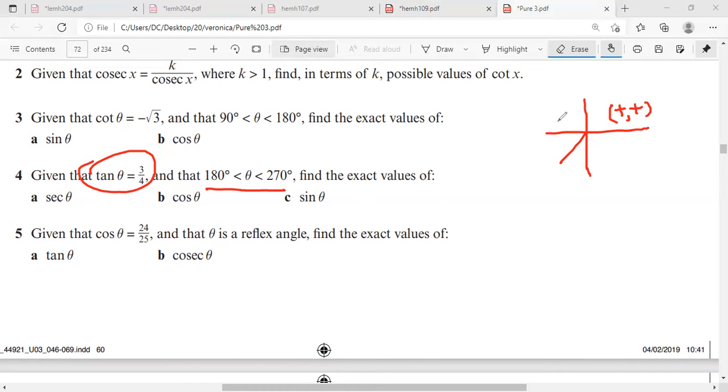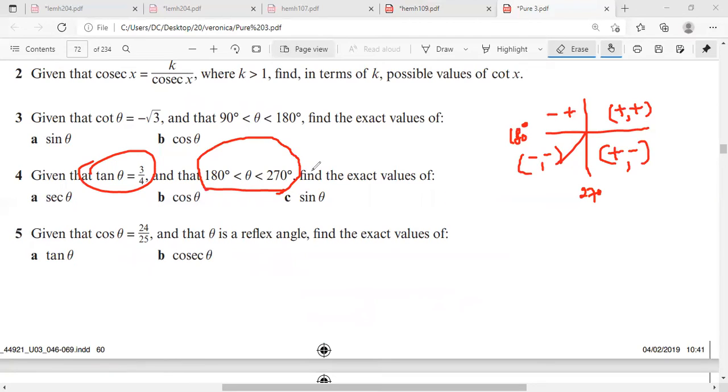Here, x coordinate is negative, y is positive, so it's minus plus. Here it is minus minus, and in the fourth one it is plus minus. This we already know about the coordinate system. Now tan theta is in the third quadrant, between 180 and 270, so it's here. This is 180 degrees, and this is 270.